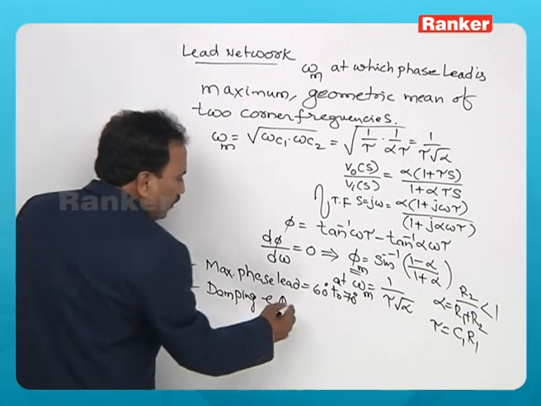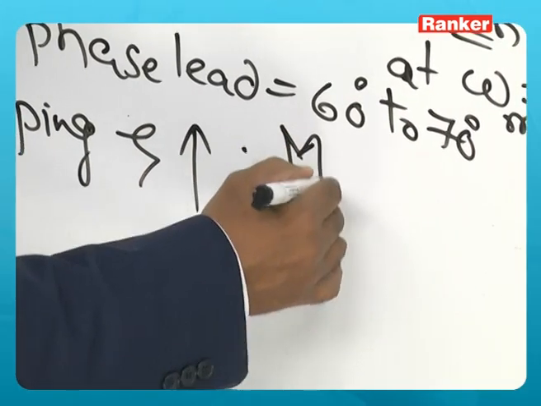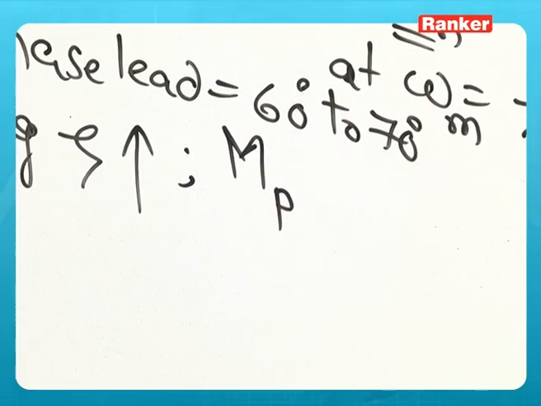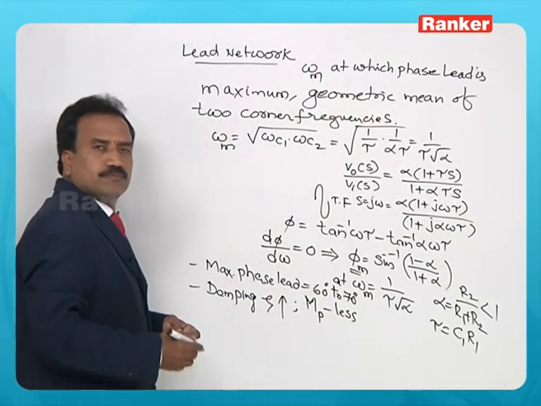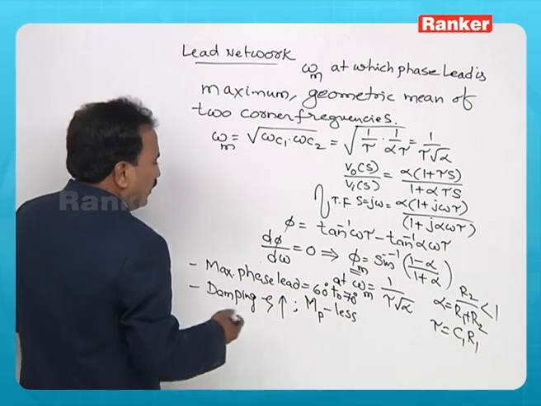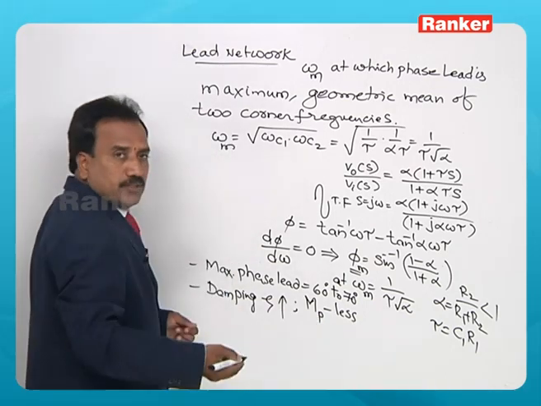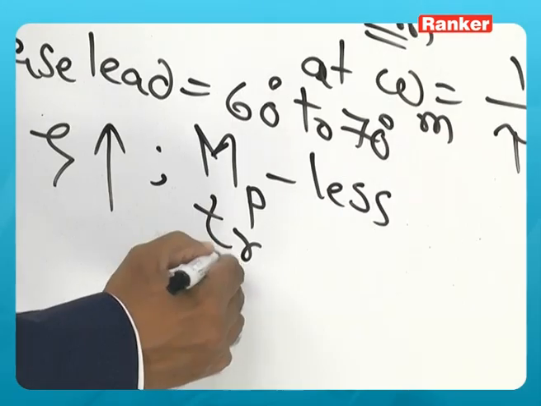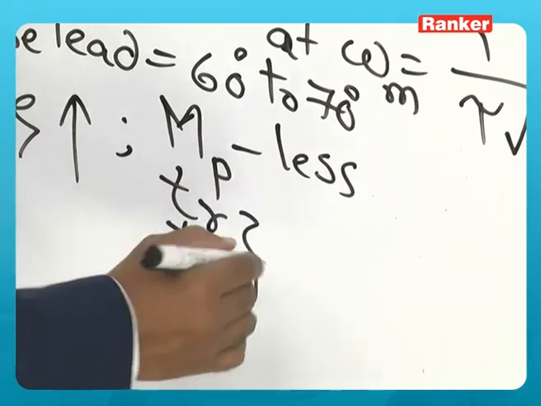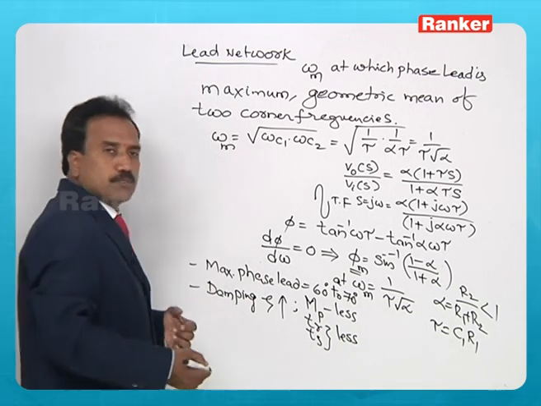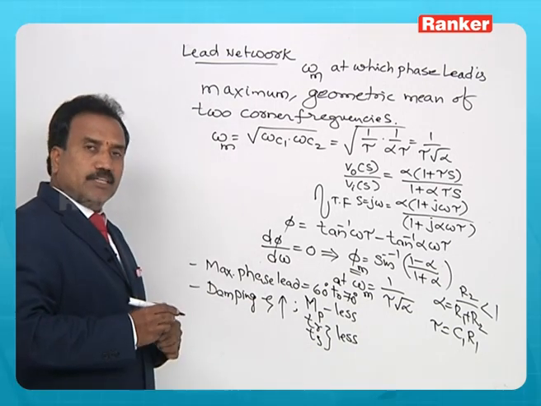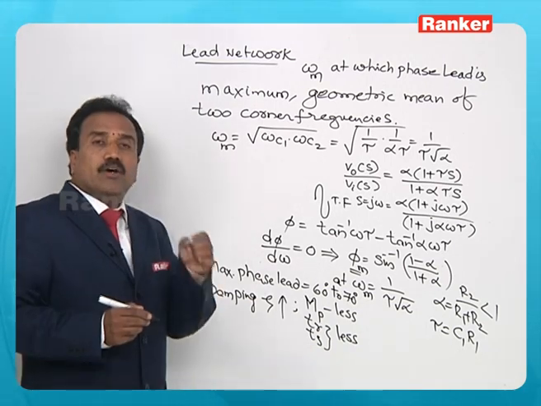When this is more, you can observe that the peak overshoot or resonant peak will be less, and the rise time or settling time also will be less, meaning the speed of response is improved by the lead network because of the dominant zero.